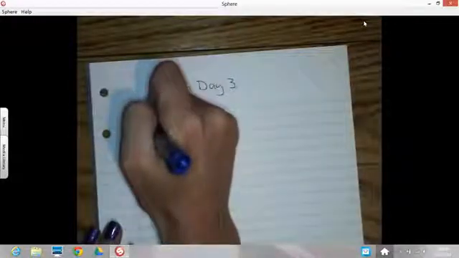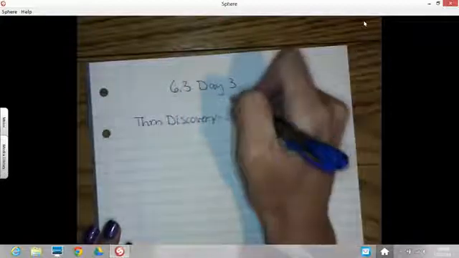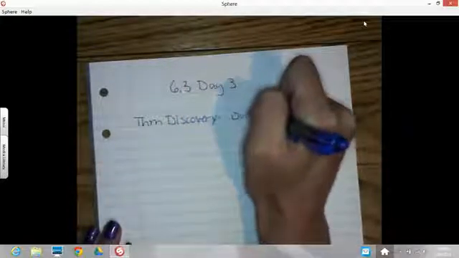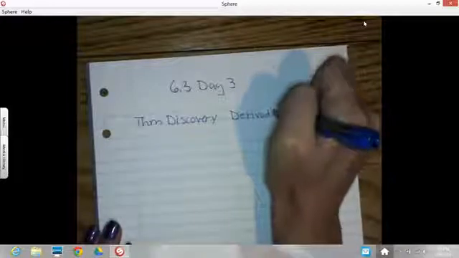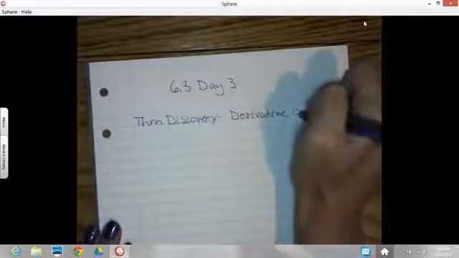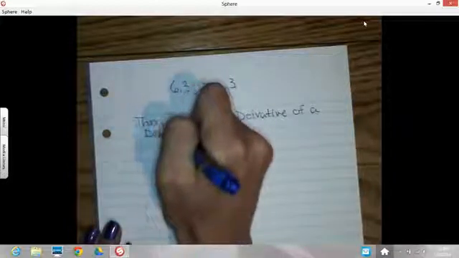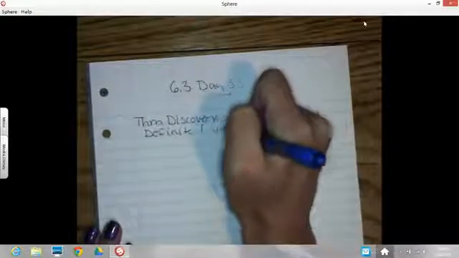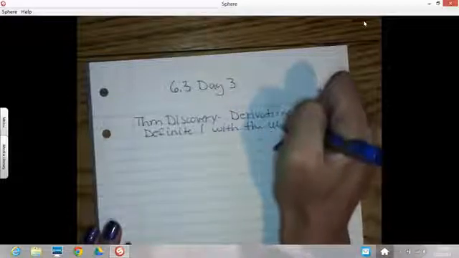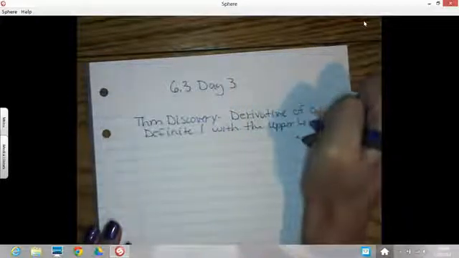Our theorem discovery is going to be doing the derivative of a definite integral with the upper limit a variable.